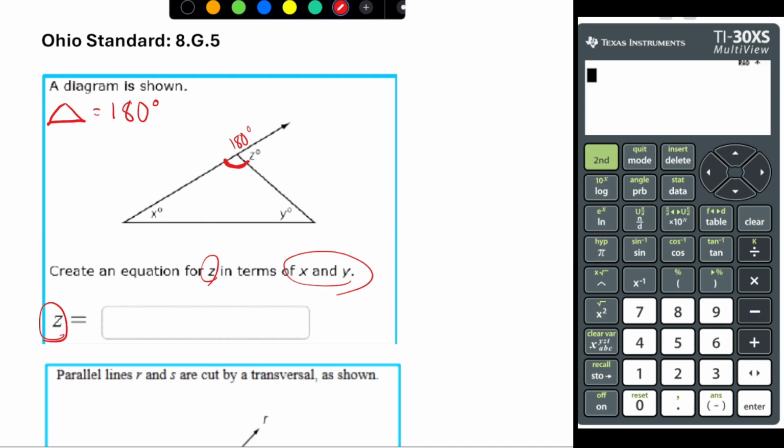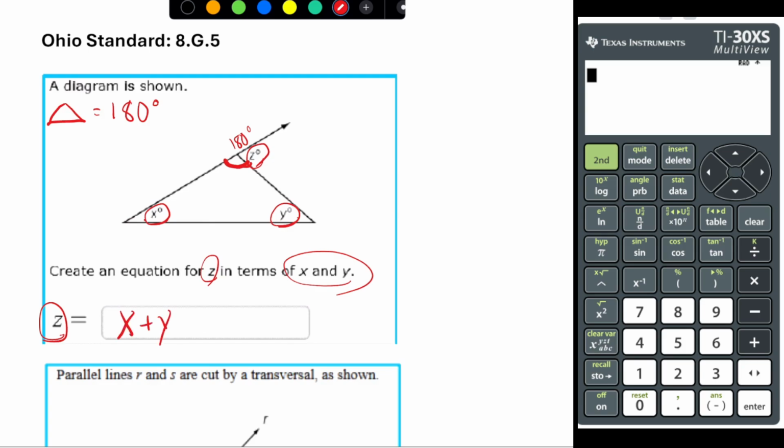But we know that it's equal to, at the same time, 180 minus z and 180 minus x and y. It's the same thing. That just means that z is equal to x plus y.